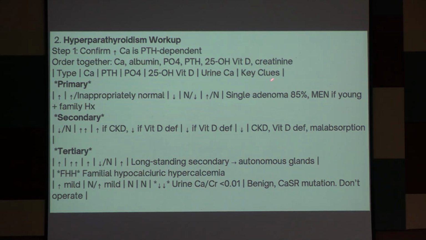The primary cause may be a single adenoma. So what is the commonest cause of primary hyperparathyroidism? A parathyroid tumor, an adenoma. A parathyroid tumor is the commonest cause of primary hyperparathyroidism.